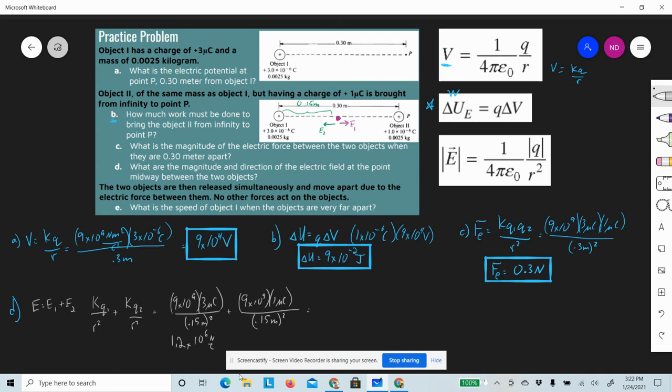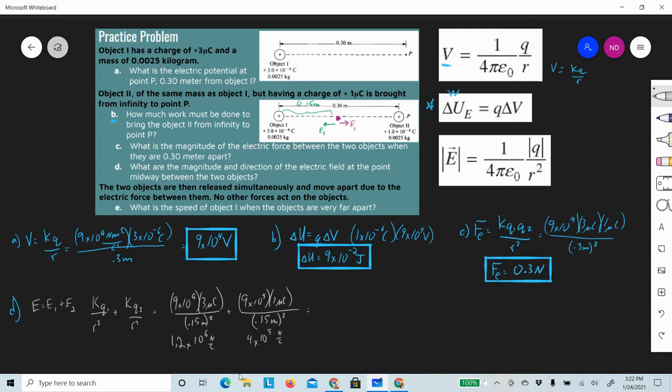Here, 9 E 9 times 1 E negative 6 divided by 0.15 squared. Four times 10 to the 5th newtons per coulomb.